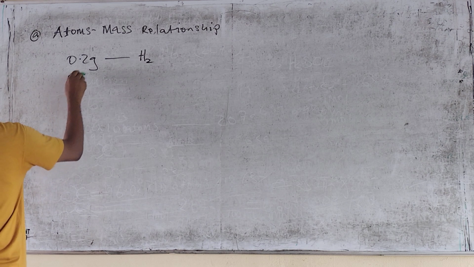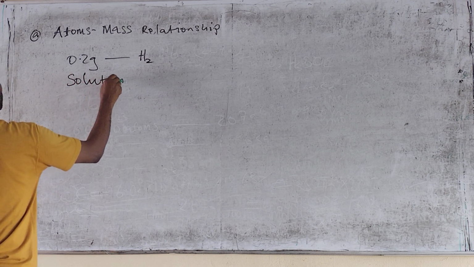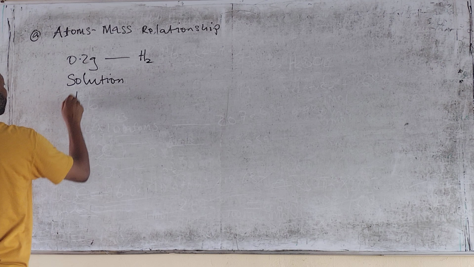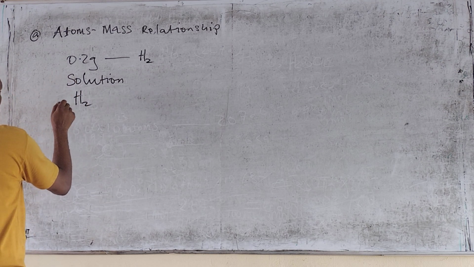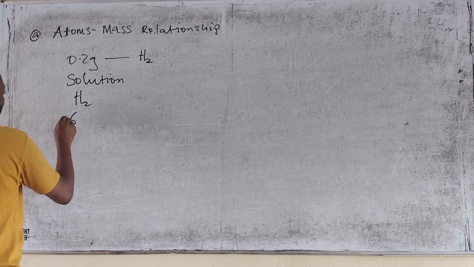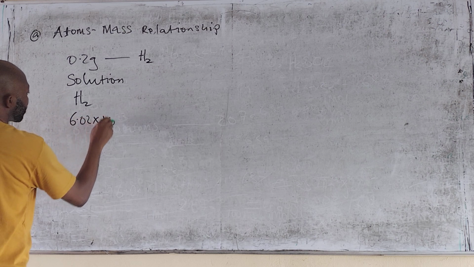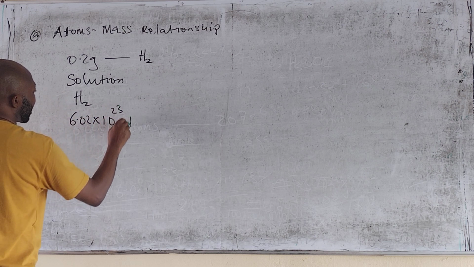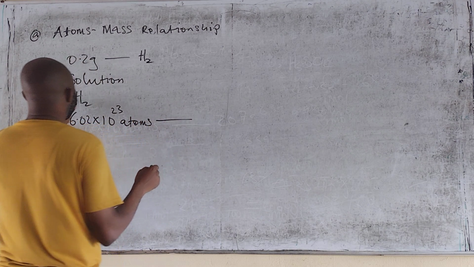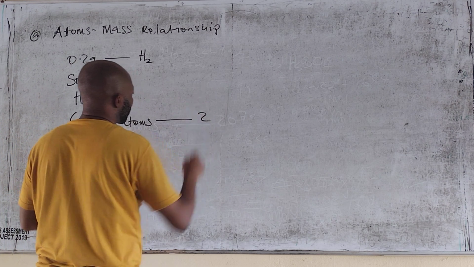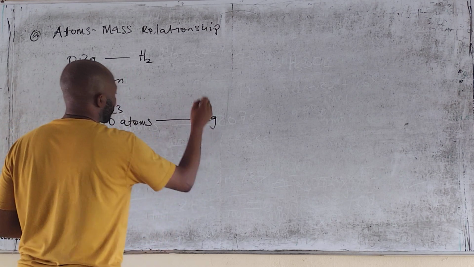Solution. Hydrogen molecule. How many atoms would we have here? 6.02 times 10 raised to the power 23 atoms. That's a constant. That is equivalent to the relative molecular mass of this, which is 2 grams.